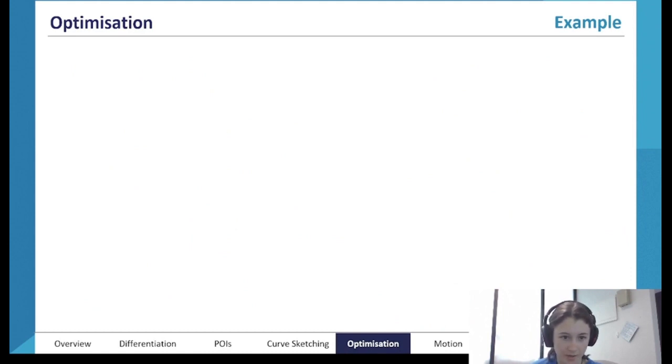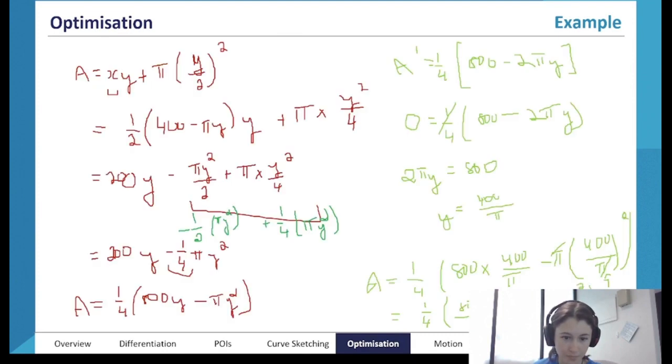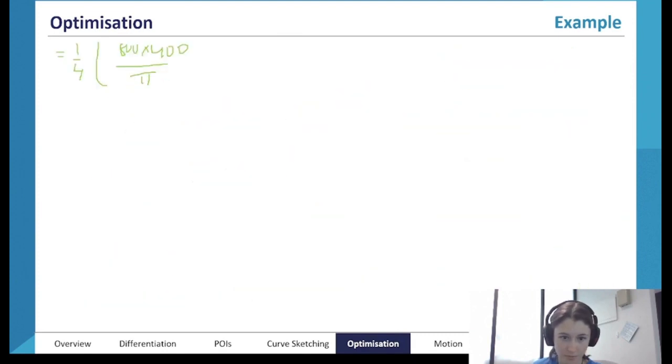So we're going to have equal to 1/4 outside of 800 times 400 on pi take 400 squared on pi. We can cancel out these 400s because we have this quarter. So we're going to be left with 800 times 100 on pi.